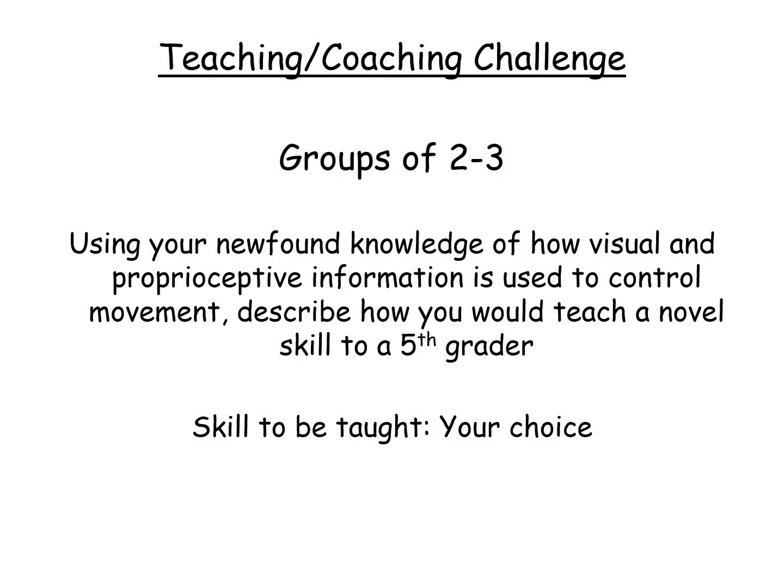So let's wrap this lecture up and we'll talk about the teaching coaching challenge. This is going to be very hard for you, but once again, if you've got some roommates, a brother, sister, dad, mom, boyfriend, girlfriend, dog. If your dog's up for it, you haven't played with him in a while and he's getting kind of bored. Using your newfound knowledge of how visual and proprioceptive information is used to control movement, describe how you would teach a novel skill to a 5th grader.